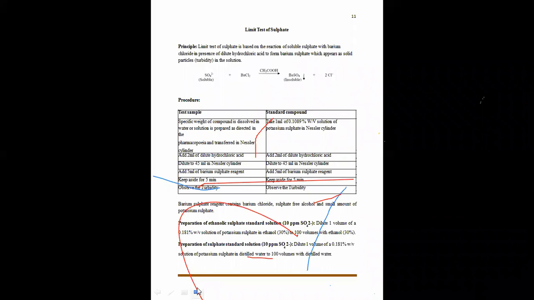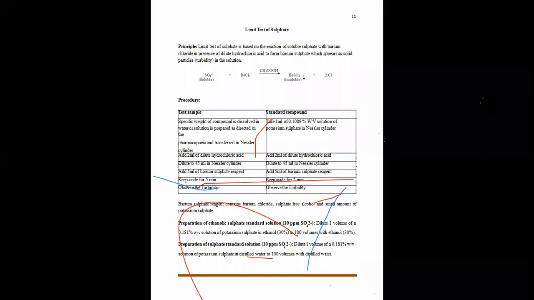Now, limit test of sulfate. The limit test of sulfates is based upon the reaction of soluble sulfate ions with barium chloride in the presence of dilute hydrochloric acid. So when we do the reaction with soluble sulfate ions present as an impurity in the given solution, we add barium chloride solution in the presence of dilute hydrochloric acid.